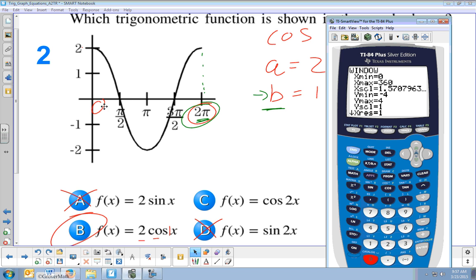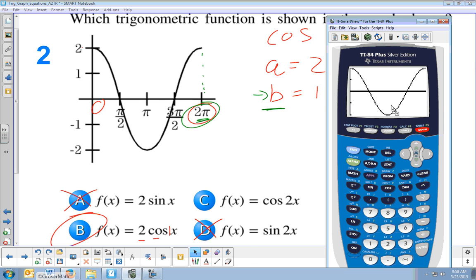I'm going to set it to match this 0 to 360. My y values could be negative 2 to 2 if I want to do that, or I could keep it a little bit larger, but let's set it so it's exactly here. So we're going negative 2, positive 2. All right, and let's see what we get. Does it match the picture?